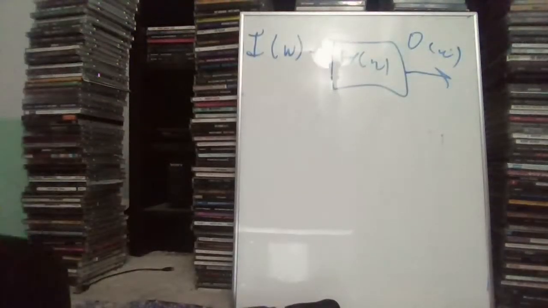In time domain it's messy, but in frequency domain, here's the magic. Input of omega, transfer function of omega, output of omega. Here's the kicker.